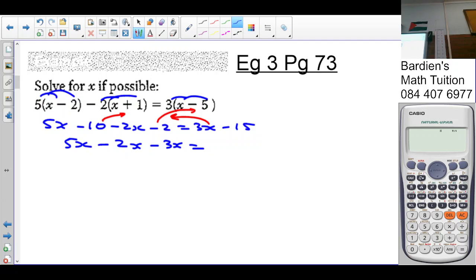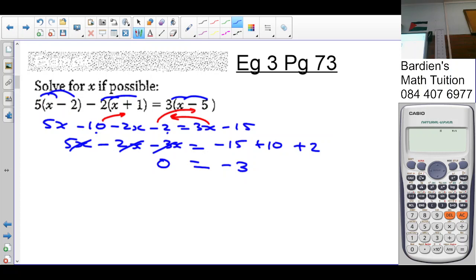Negative 15 is staying there, we write that down first. Negative 10 becomes plus 10, minus 2 becomes plus 2. So this becomes 0x equals negative 15 plus 10, which is negative 5. Negative 3 is your answer.